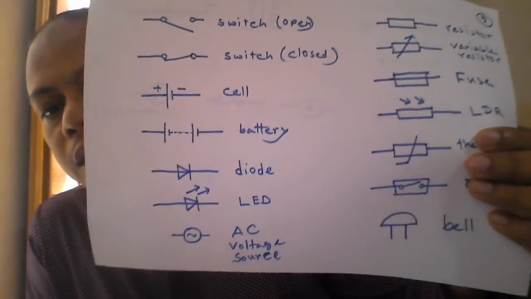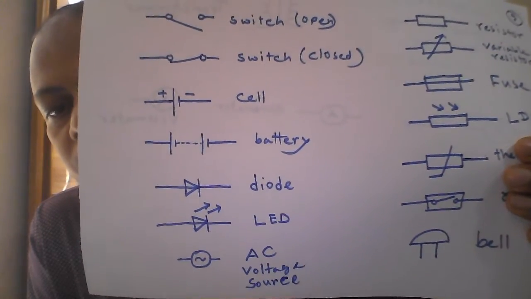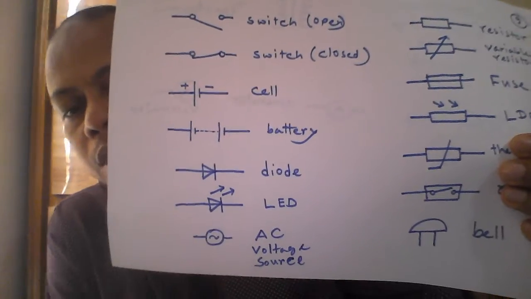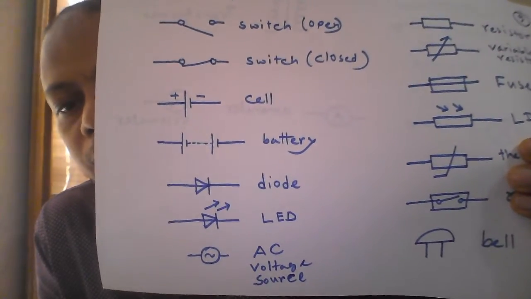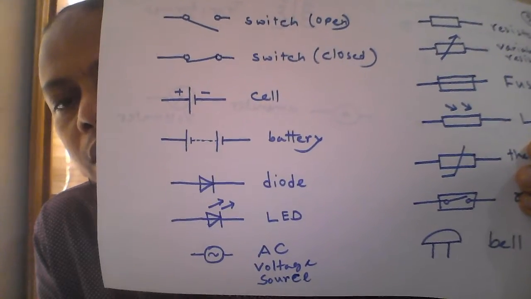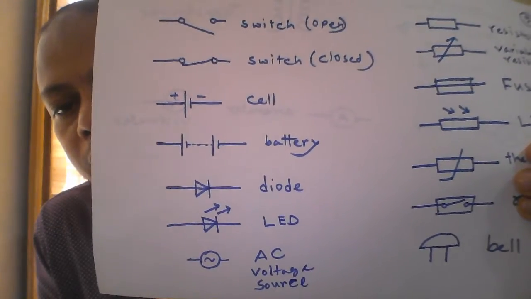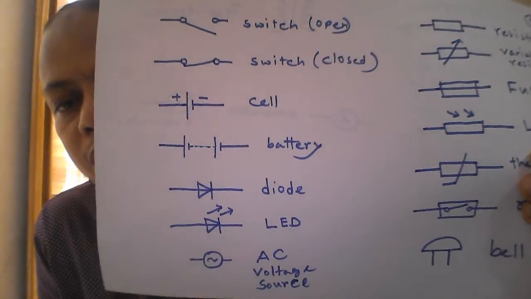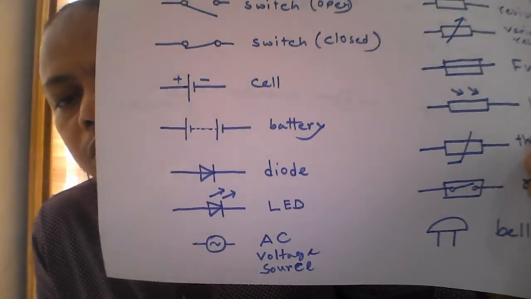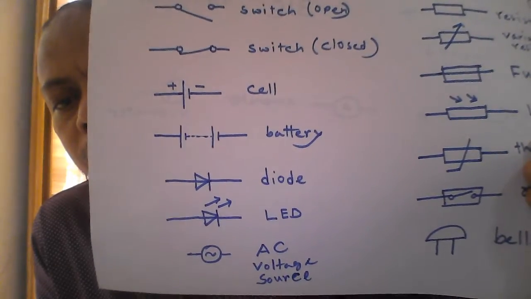Then we have AC voltage source. This is one kind of power supply. We have cell, battery, they are also power supply. Now AC voltage source, this is also power supply. You will know what is AC.